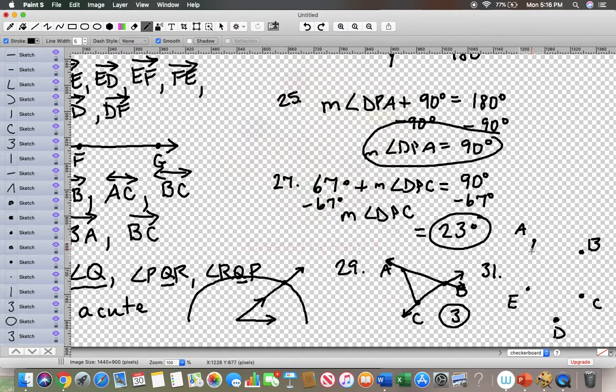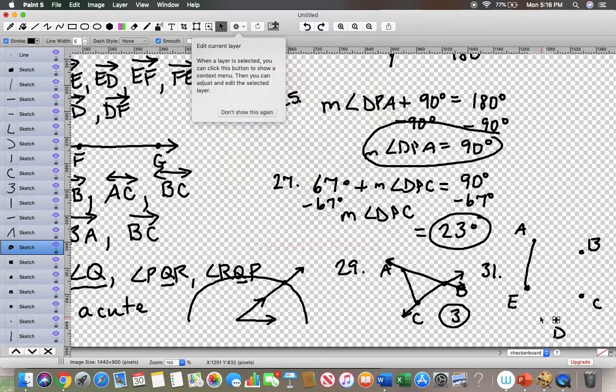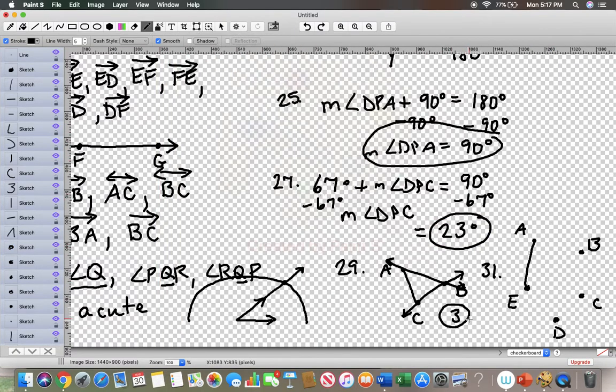Let's see. Let's go around. I got A to E. Sorry, guys, that was really bad. A to E. D to E. Well, I thought I was going to be able to draw a line there. Let's just go back to my ugly lines. I'll have to figure that out later.